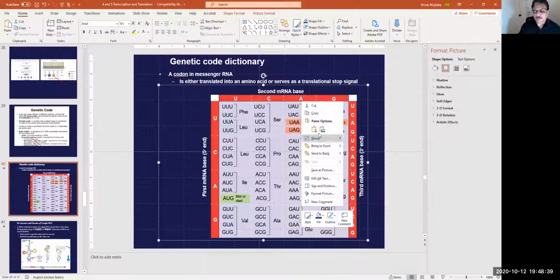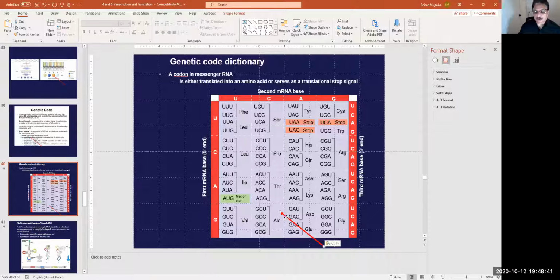So pay attention. On the left hand column, there are 4 bases, U, C, A, G. Why U? Because this has to do with mRNA, RNA. And also here, 3 bases, and here, 4 bases and 4 bases.